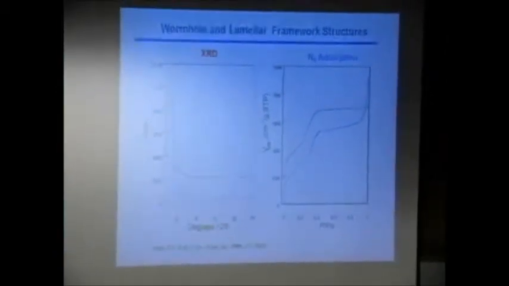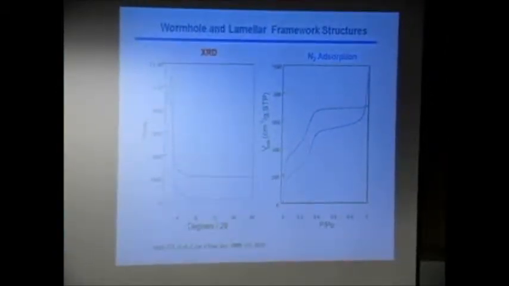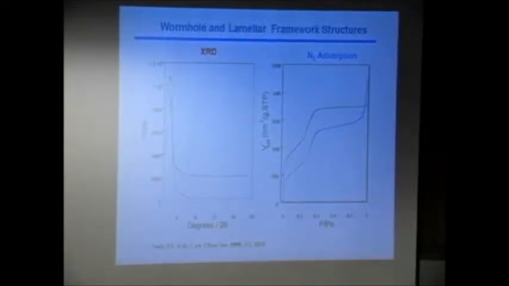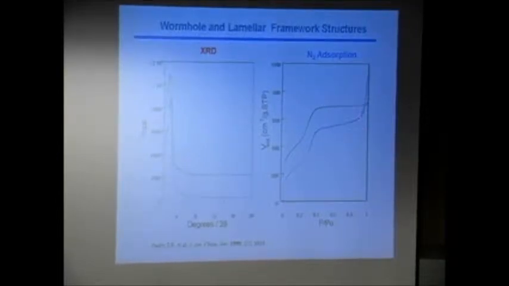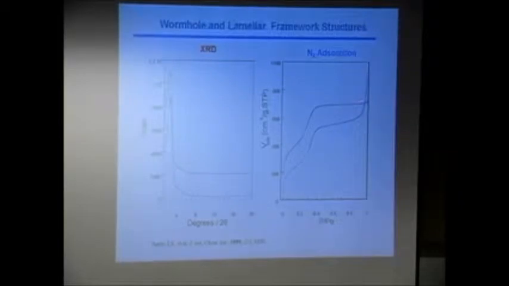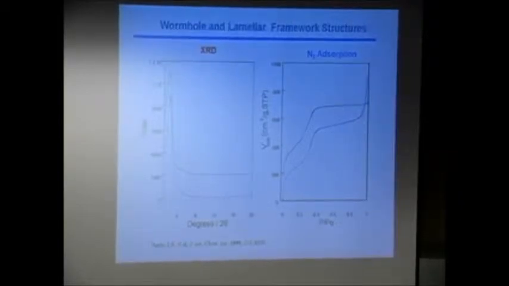Many times the second one is not even present. So that's very different from what we saw with MCM-41, where we had multiple Bragg reflections. And we see an isotherm that has the signature step for filling of a mesopore. Depending on whether we are dealing with monolithic particles or highly textured particles, we may or may not see a second uptake of nitrogen at very large pore sizes.